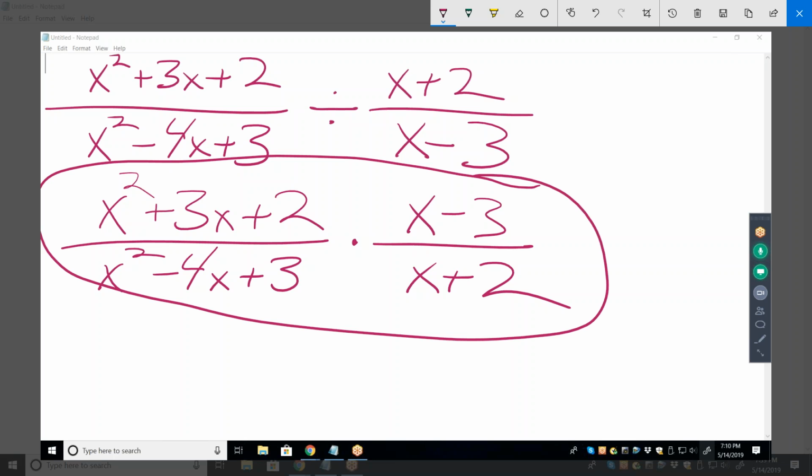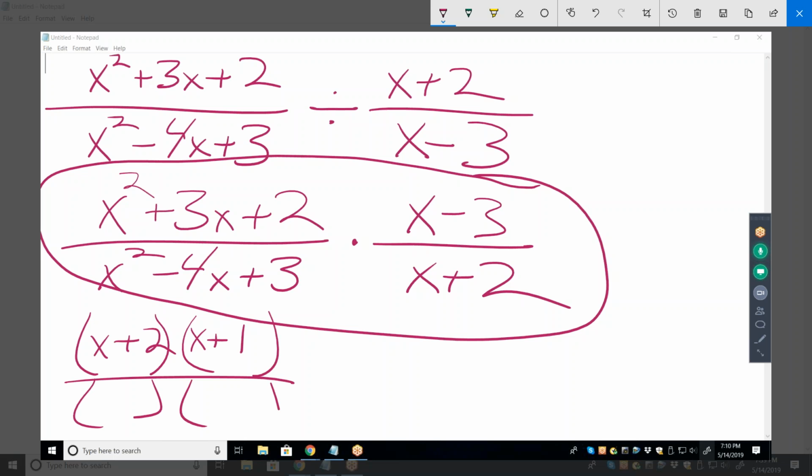You gotta factor. Okay, factor the top left. So split up the x's, and then it would be both positive signs, and then 2 and 1. And then under that, split up the x's, one negative, one positive sign. They both be positive, right?